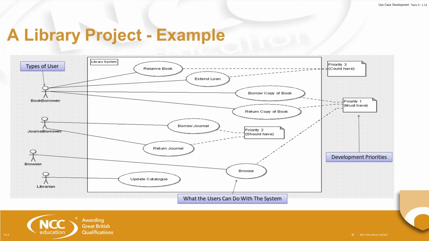I tend to draw my actors down the left and my notes down the right, and that's just the way I like to see the diagrams drawn. It makes them easier to read, but you will actually see plenty of diagrams with actors all over the place. I also tend to draw a box around my set of use cases to identify where the boundary of the system is.